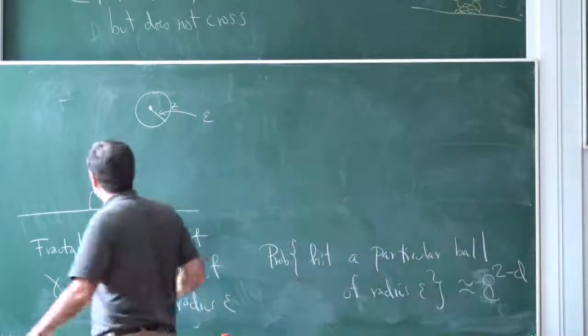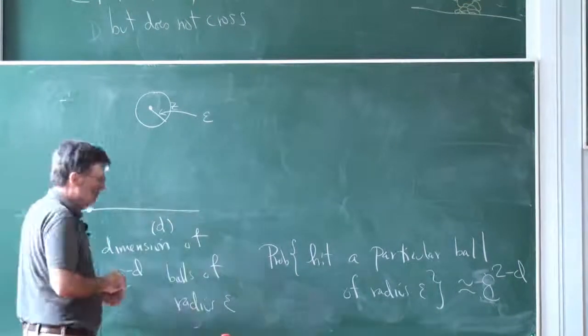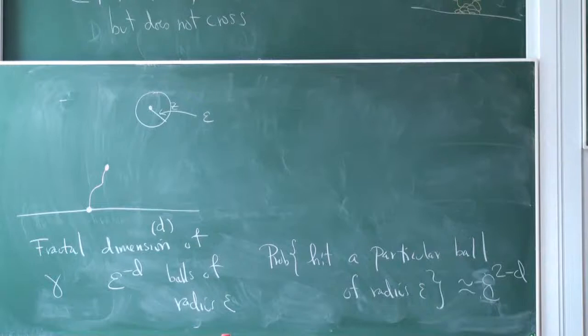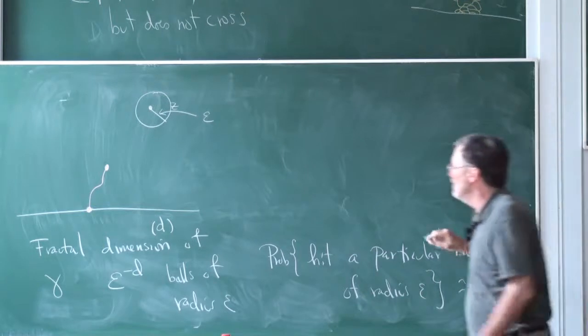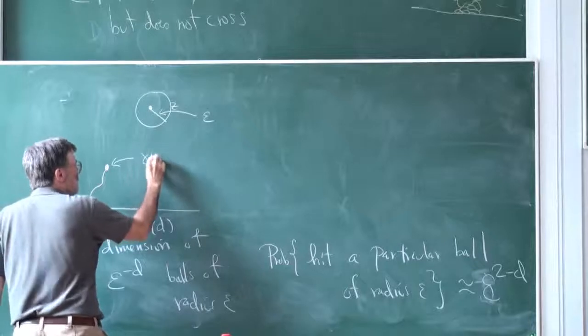Well, let's look at this. Suppose I've seen a little piece of the curve. And now I ask the question, given that little piece, what's the chance I hit that? Well, this is gamma t.